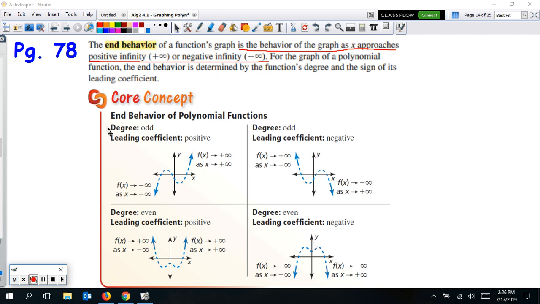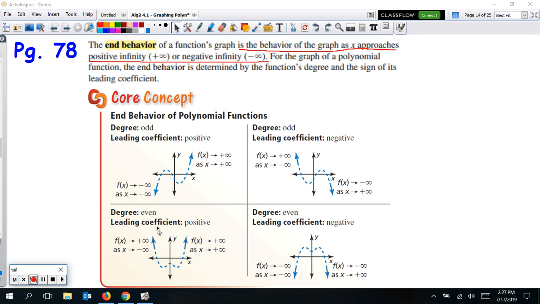So we have 2 things here. We have the degree and the leading coefficient. Sometimes your degrees are odd and sometimes your degrees are even. The top 2 here are when the degrees are odd. That would be like a cubic where it's an x to the 3rd, or you could have an x to the 5th, x to the 7th. That's when your degree is odd.